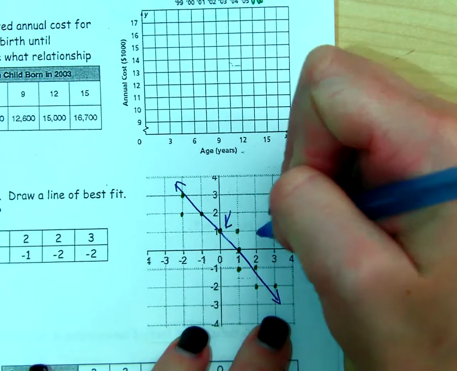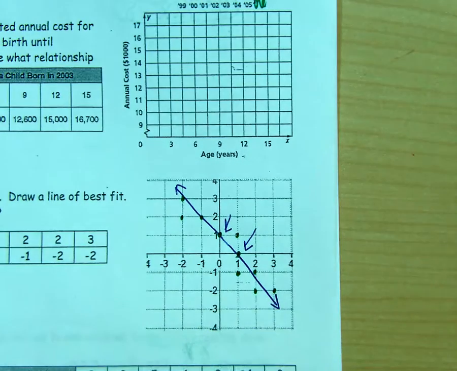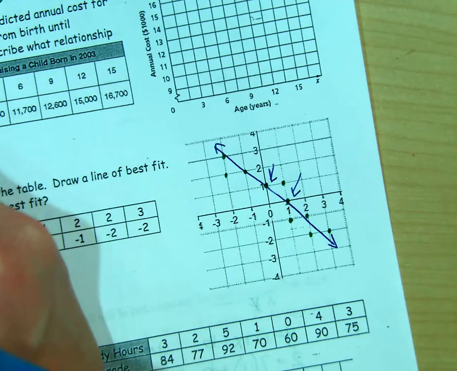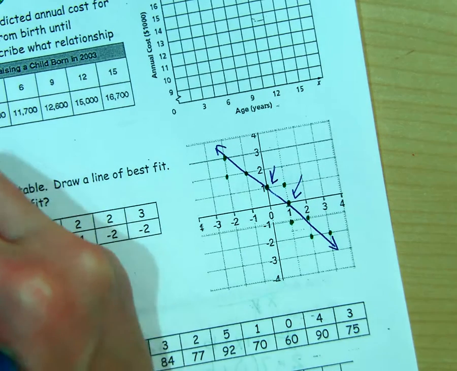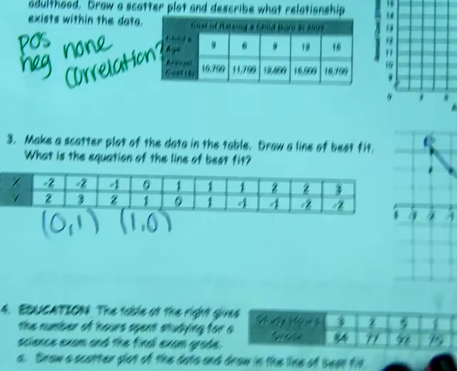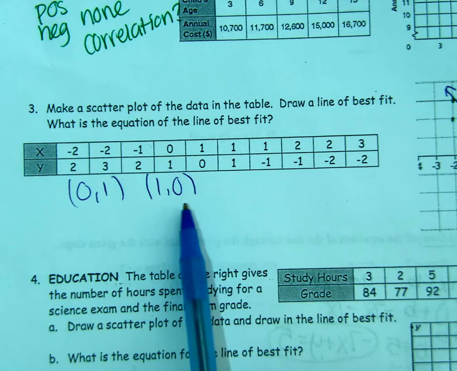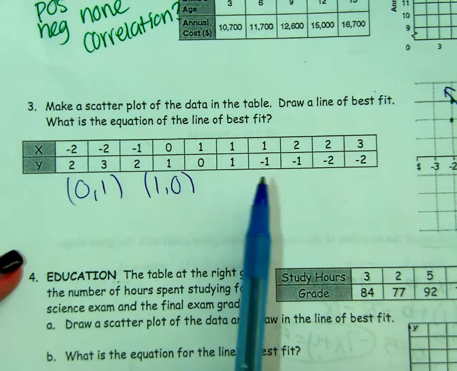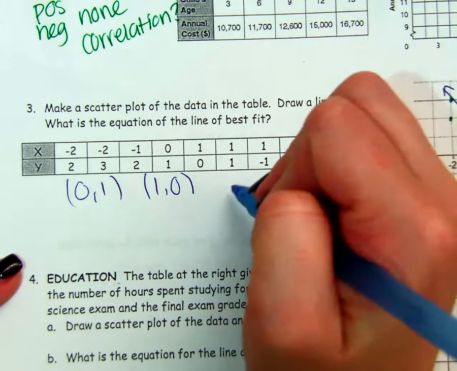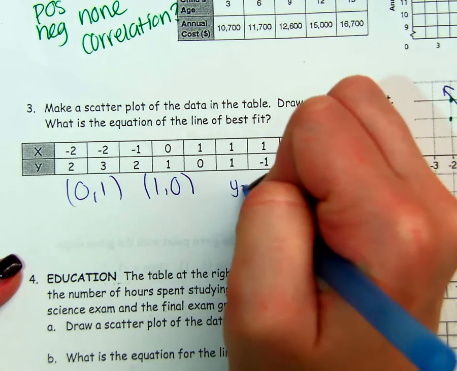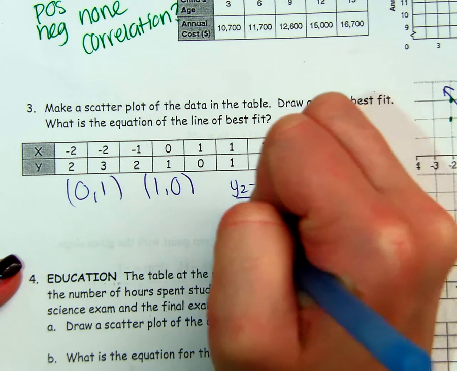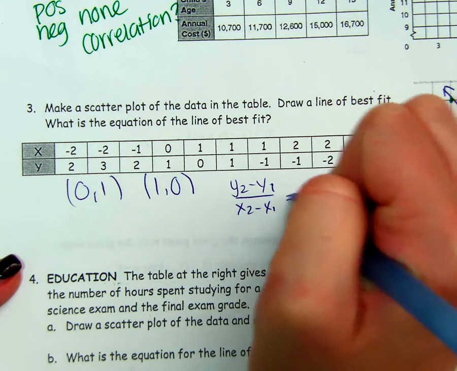I'm going to use this point and this point. I'm going to use (0, 1) and (1, 0). When picking 2 of these points, you are then able to find your slope. You know that the change in y over the change in x will give you your slope.